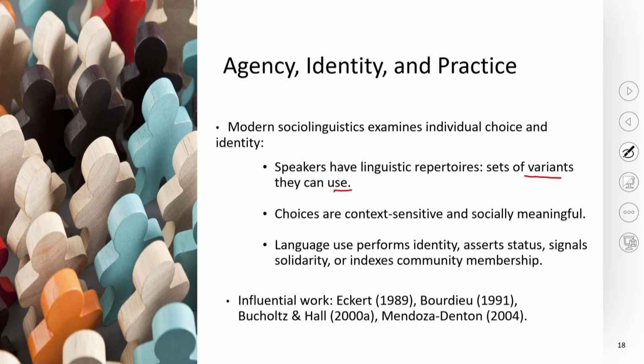Depending on what kind of identity we want to create and what kind of agency we want to reflect, we will use a particular form in this format or that format. That is where agency and identity come into the picture. We have discussed this before. Eckert and many others have looked at language with respect to class in this way.